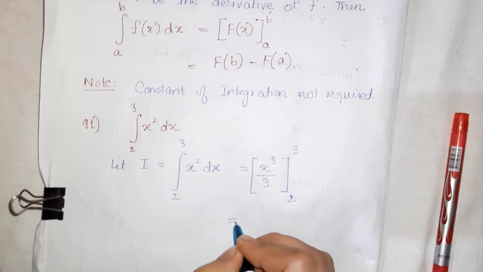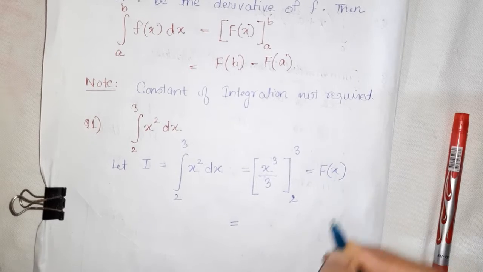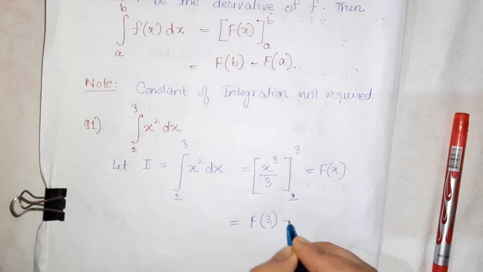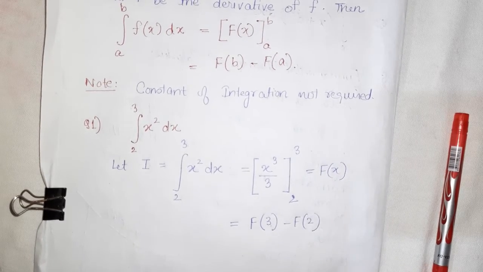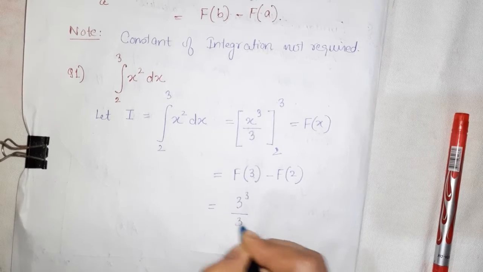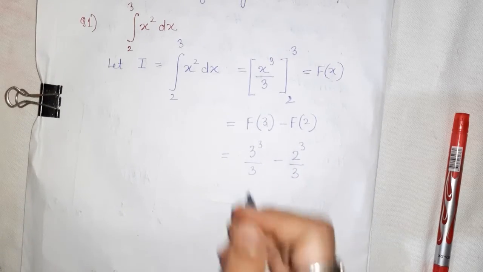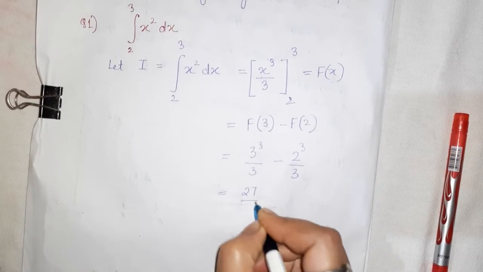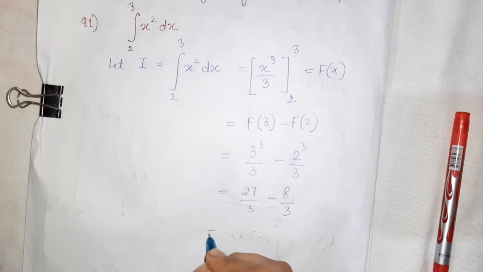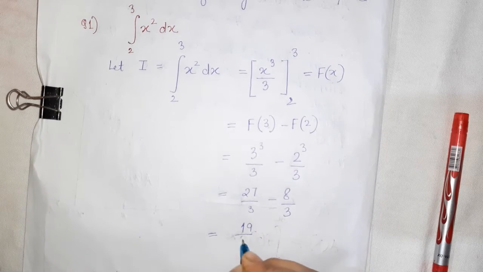Then by the second fundamental theorem, this is your capital F of x, so now you have to write F of 3 minus F of 2. What is F of 3? It means 3 cube by 3 minus 2 cube by 3, and you get 27 by 3 minus 8 by 3, and it will be 19 by 3.